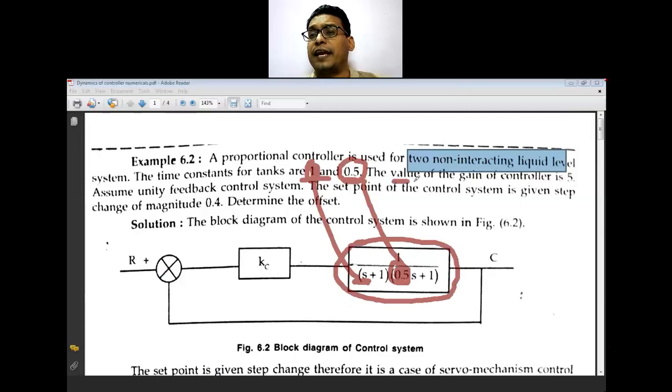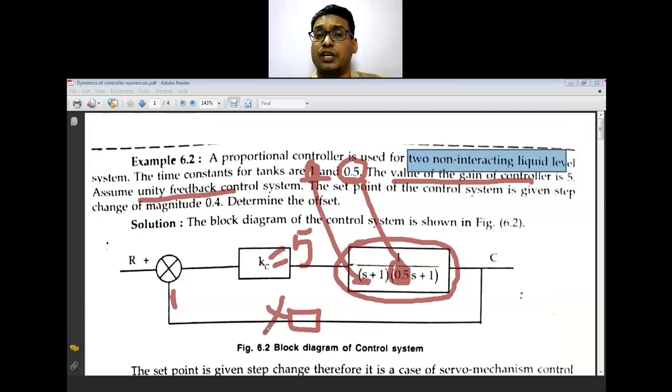Then the value of the gain of the controller is given as 5, so gain Kc has the value of 5. Then assume a unity feedback control system. Unity feedback means the value of B is equal to 1, and the transfer function of the measuring element is not given.